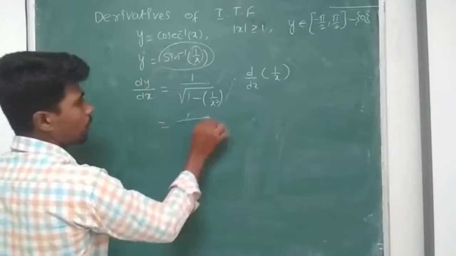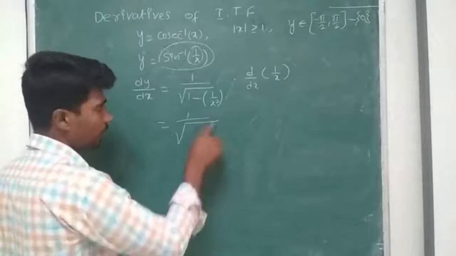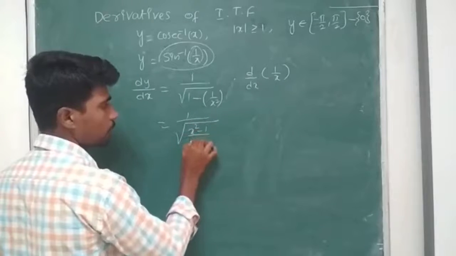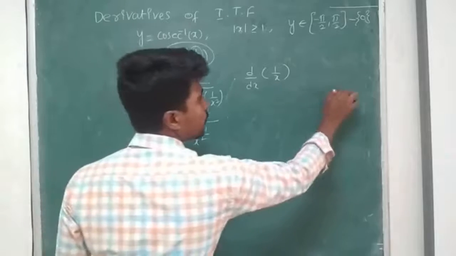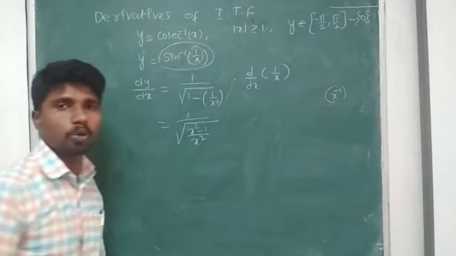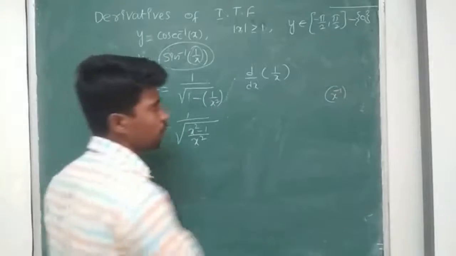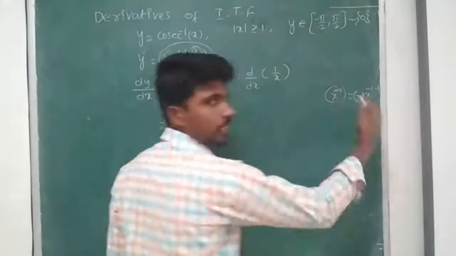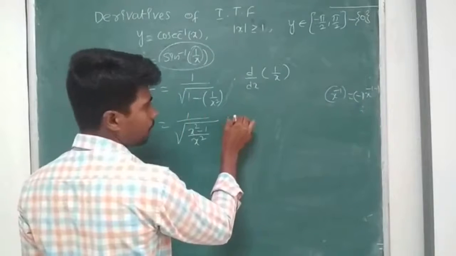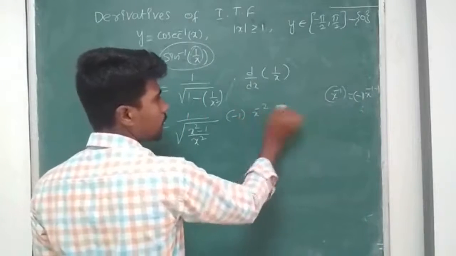Now 1 by root of, if I take LCM, I get x square minus 1 by x square, into, it acts as x power minus 1, x power n formula, n into x power n minus 1, which we will get as minus 1 into x power minus 1 minus 1, x power minus 2. So I get here minus 1 into x power minus 2.